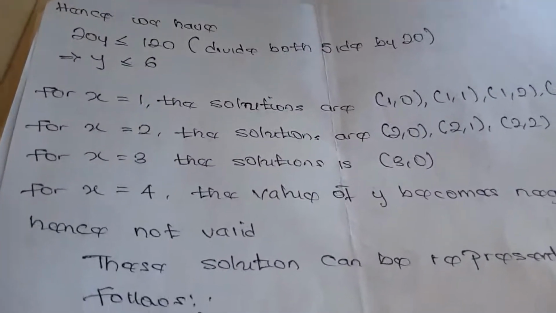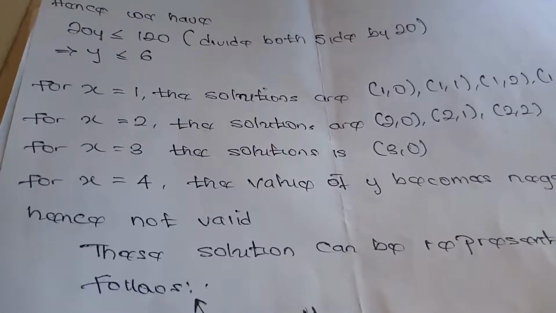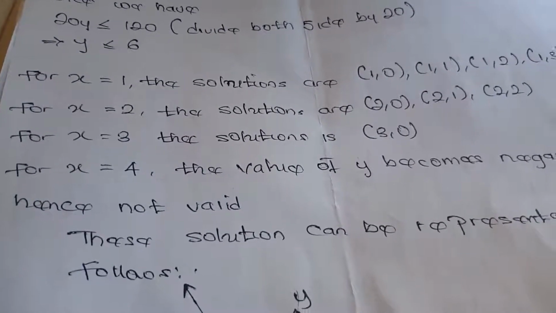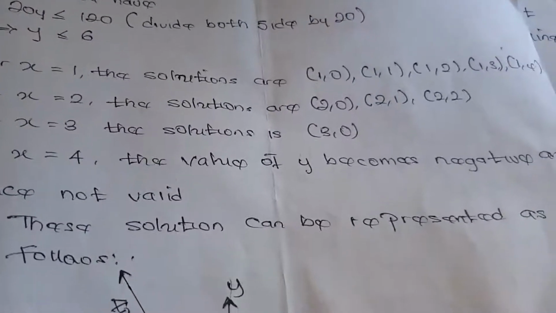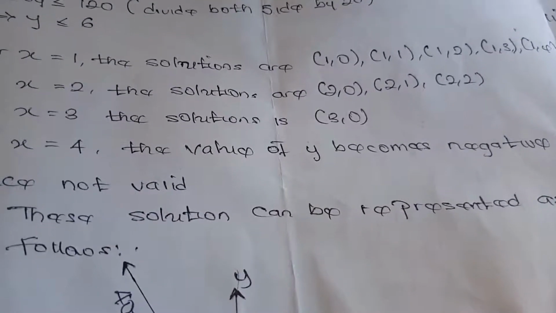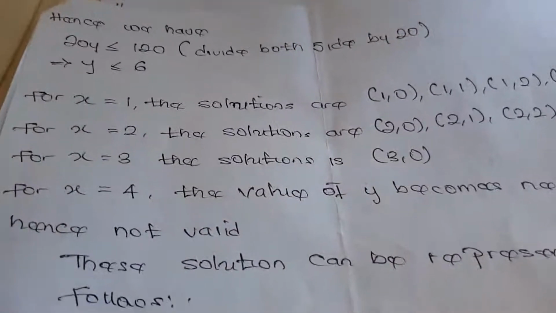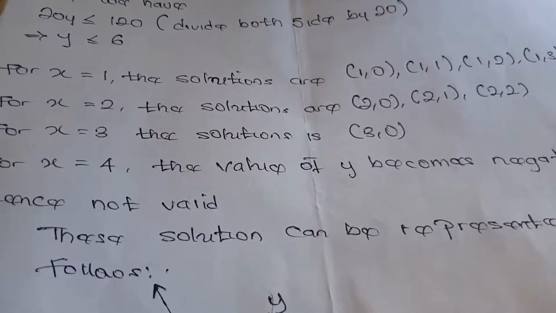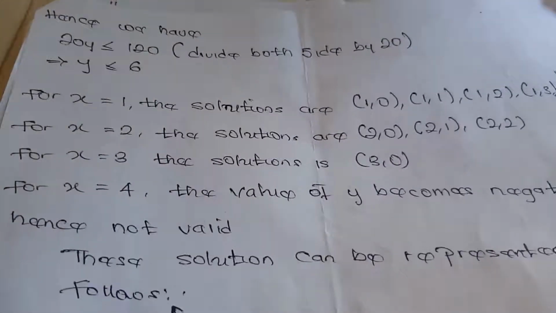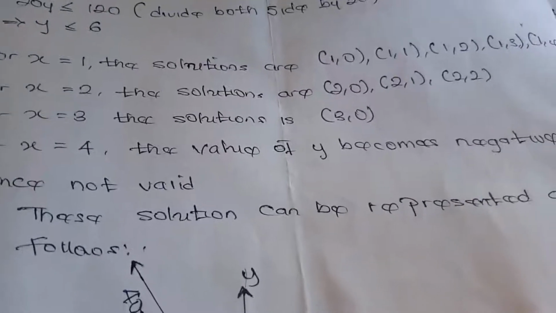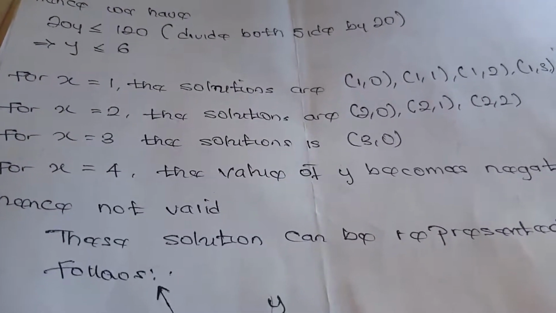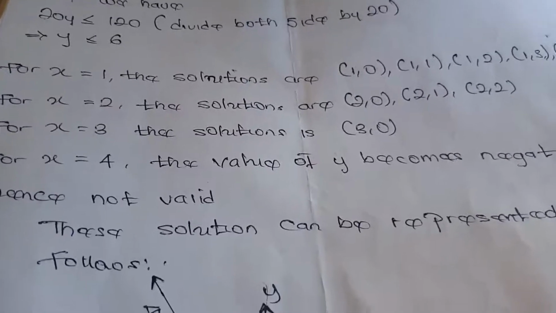So for x, our whole numbers: if x equals 1, the solutions will be (1, 0), (1, 1), (1, 2), (1, 3), and (1, 4). If x is 2, the solutions will be (2, 0), (2, 1), and (2, 2). If x is 3, the solution will be (3, 0).